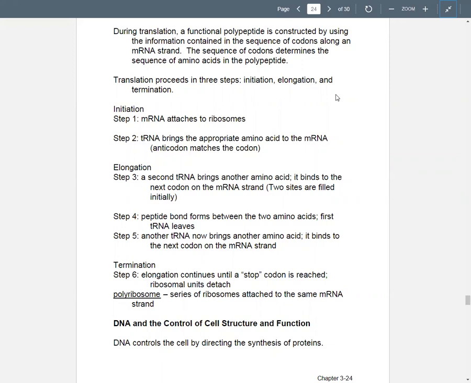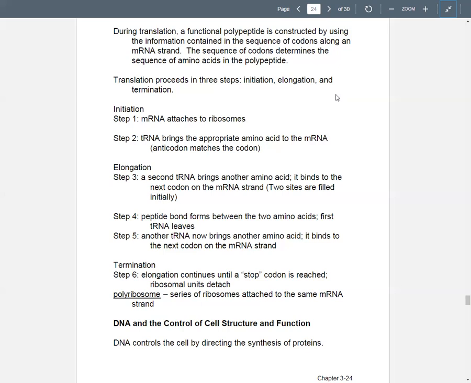And there's three main parts of translation. You have initiation, elongation, and termination. So you got to start, make the polypeptide longer, then you finish. So in initiation, your mRNA is going to attach to your ribosomes. Then your transfer RNA is going to bring the corresponding amino acid over to the mRNA. So your anticodon in tRNA is attaching to your mRNA codon.